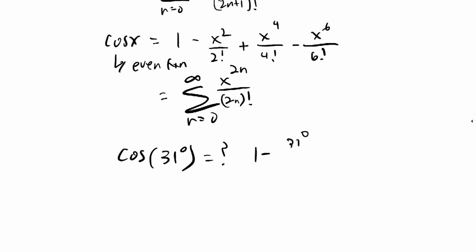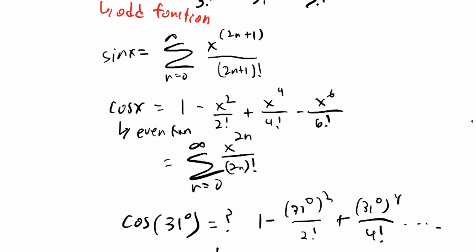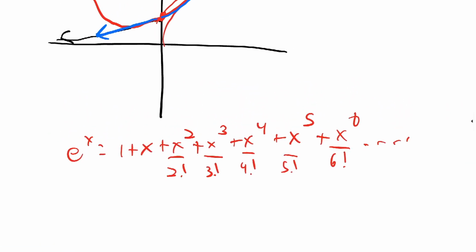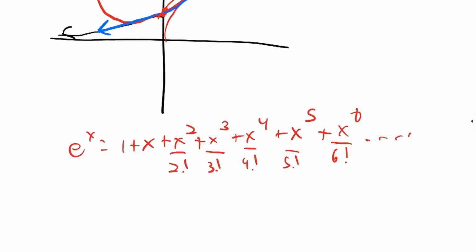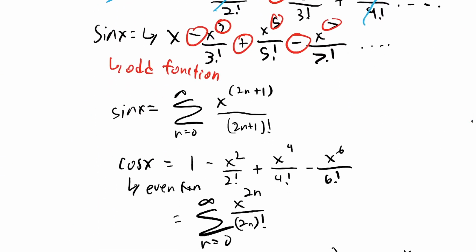So 31 degrees squared over 2 factorial plus 31 degrees to the 4th over 4 factorial and dot dot dot. They're actually putting it into polynomials and making direct and accurate approximations from there to give you your solution. So in fact, calculators are actually using Taylor series to give you those non-rational inputs, inputs that have a lot of decimals and all that stuff.